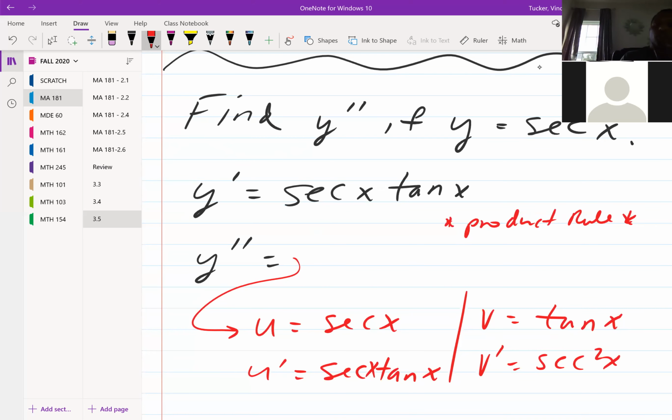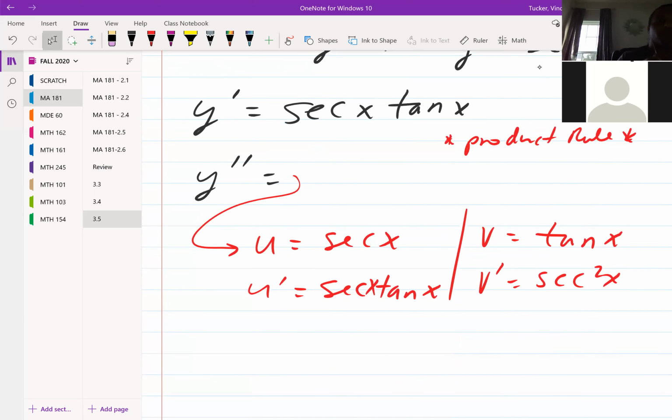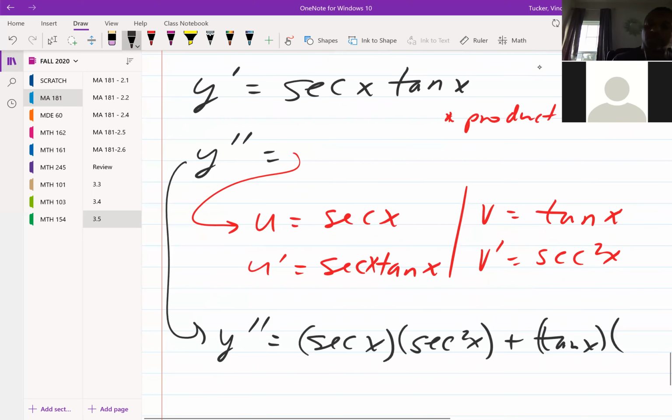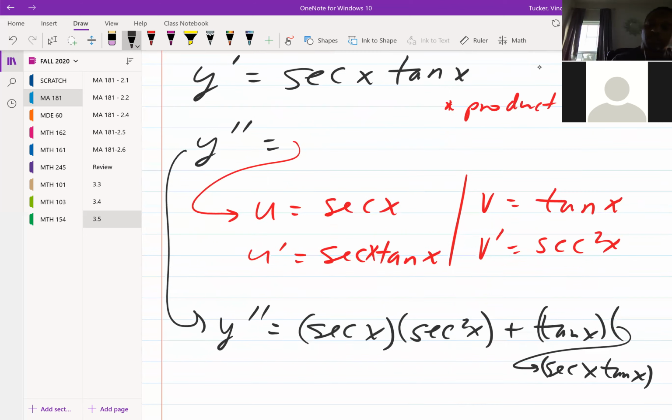All right. So now we can use the product rule in order to finish off the derivative of y double prime. So we need to do u, which is secant, times v prime, which is secant squared, plus v, which is tan, times secant x tan x.